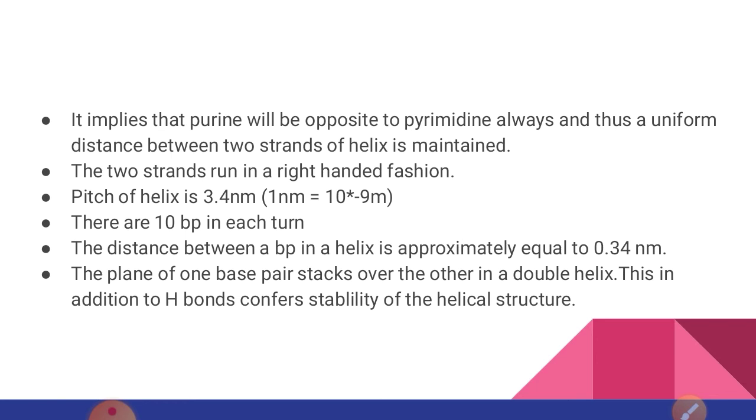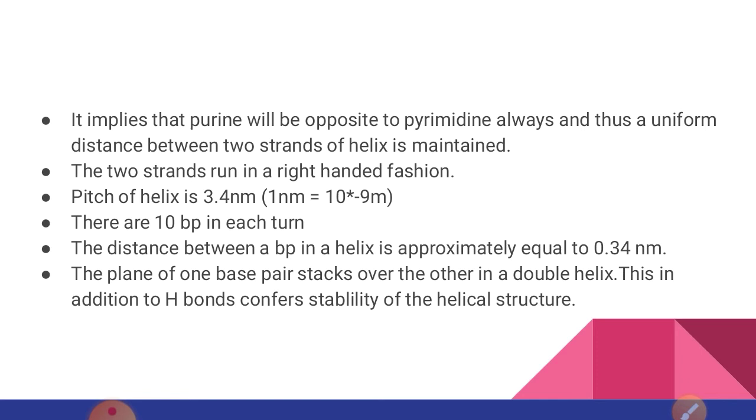Also, the two strands run in a right-handed fashion, which I will show in the next picture, and the pitch of the helix is 3.4 nanometer. As you know, 1 nanometer is equal to 10 raised to power minus 9 meters. There are 10 base pairs in each turn; in each right-hand turn it covers nearly 10 base pairs.